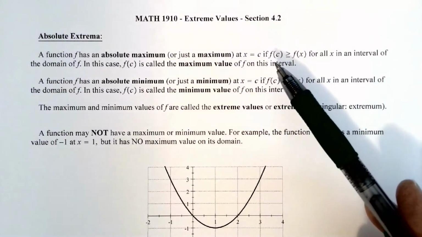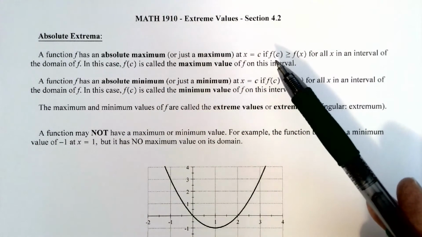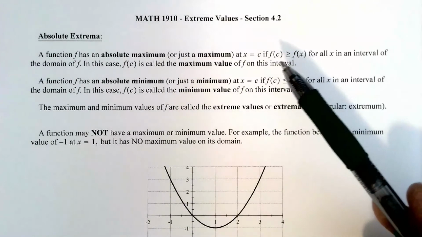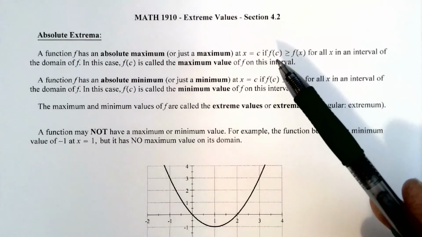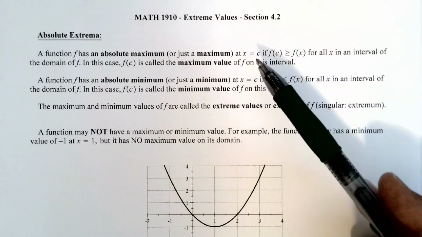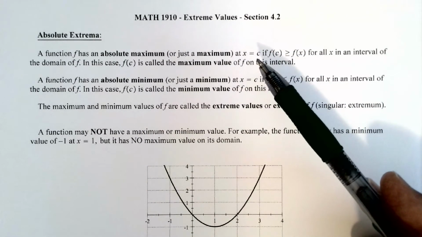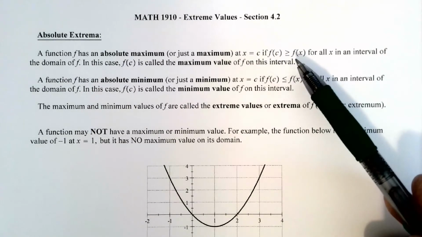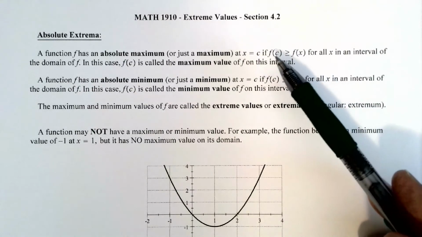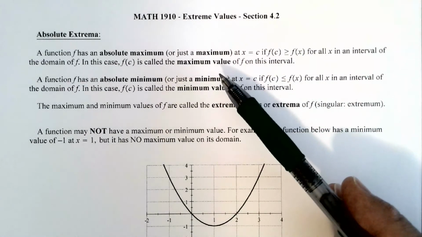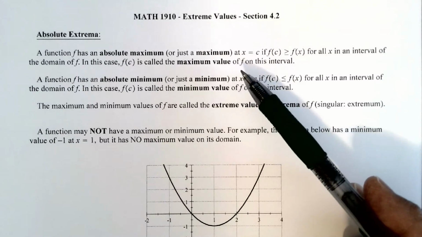The interval may be the entire domain of the function, depending on what we're talking about, but on whatever interval, we say we have a maximum at the input x when it's c, if the value of the function at c is greater than or equal to all the other values in that interval. So that kind of makes sense. f of c is the maximum value of f on this interval.